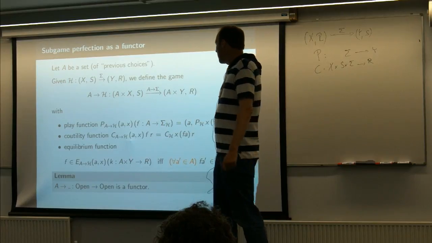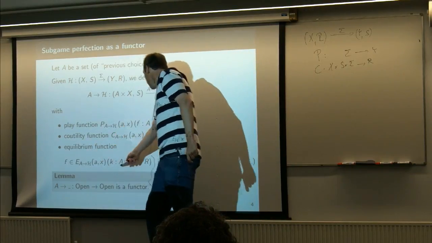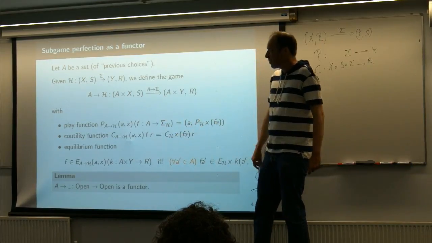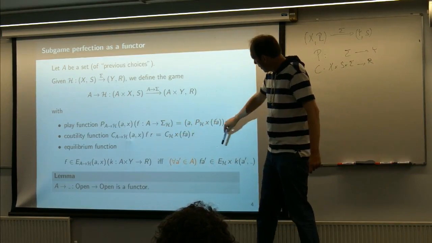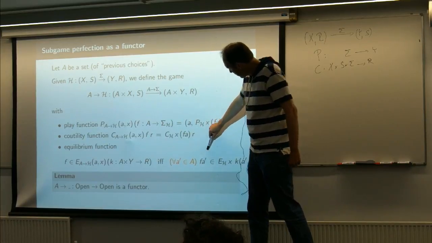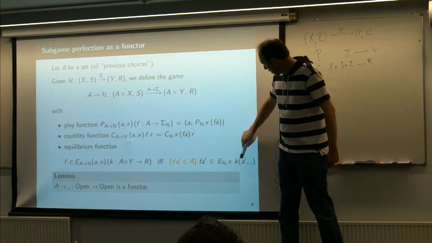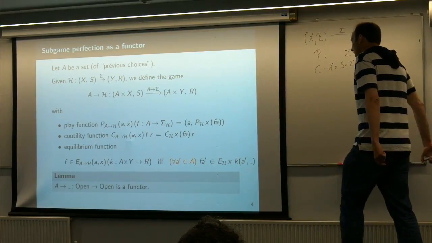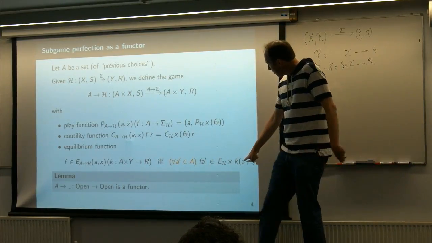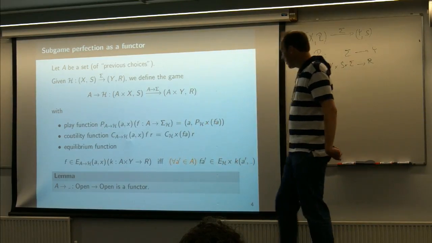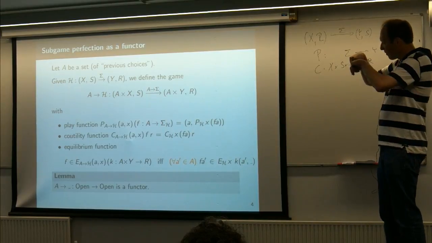So what does this say? We say a strategy here is an equilibrium for this game if for all possible options, if I get the corresponding strategy, it has to be an equilibrium for this H game, where we however now register in the payoff function that we are taking this path.